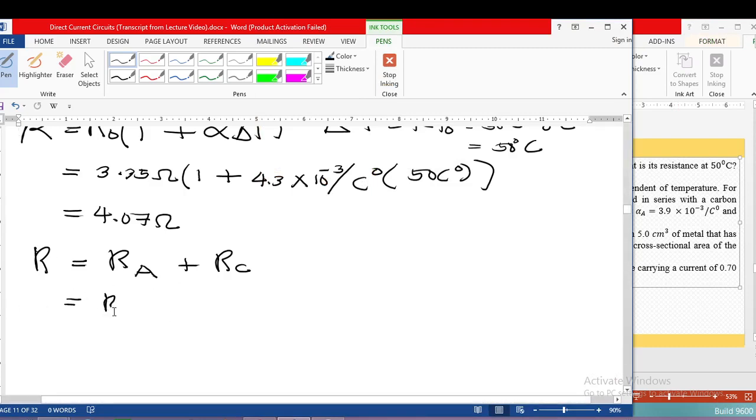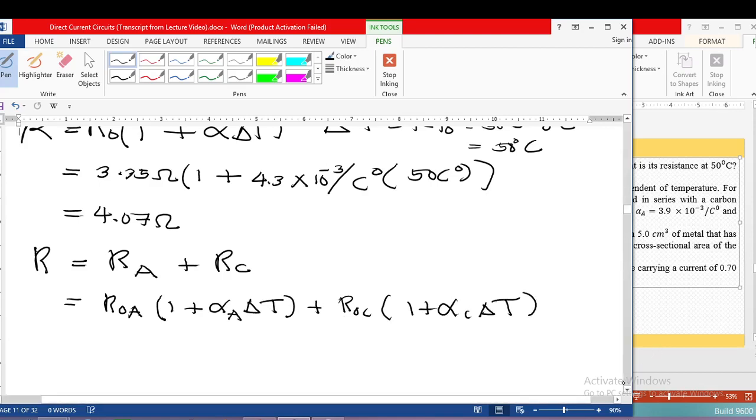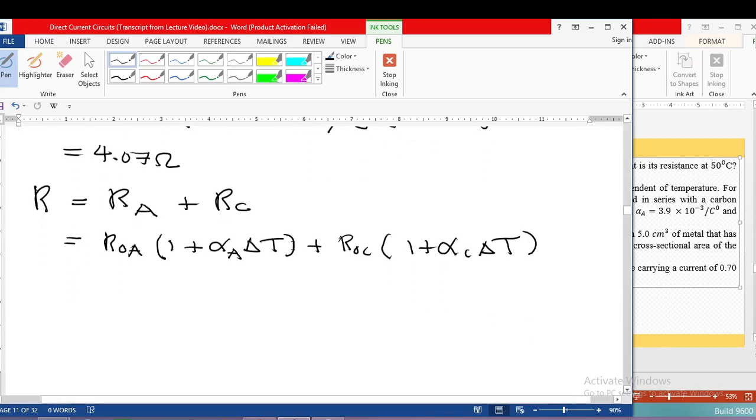So we have R sub naught A, the initial resistance of the aluminum, times 1 plus alpha A, the temperature coefficient, delta T. Then we have the carbon, R sub naught C times 1 plus alpha C delta T. You have to take note of the words independent of temperature.